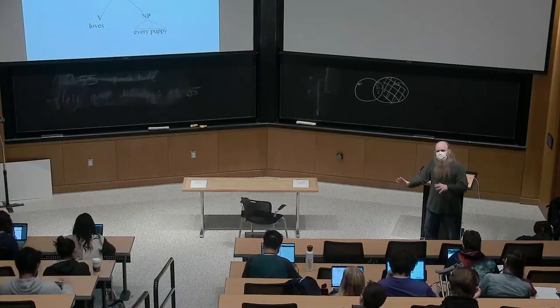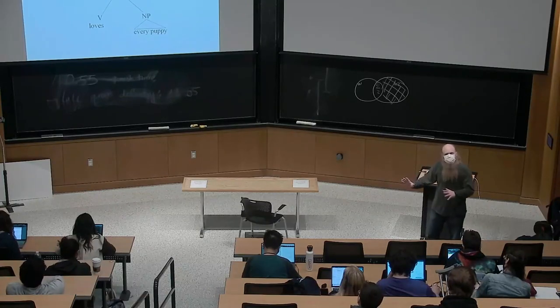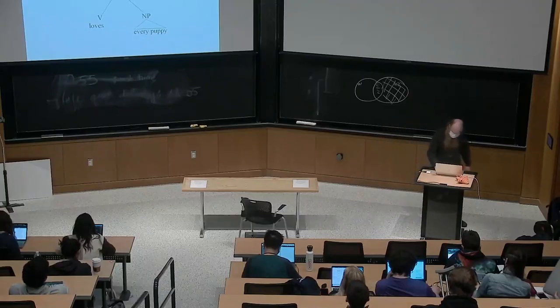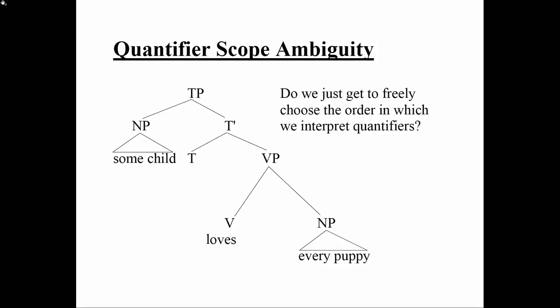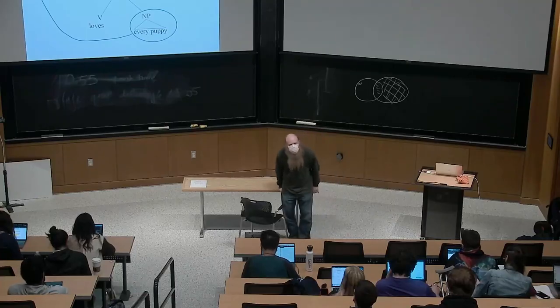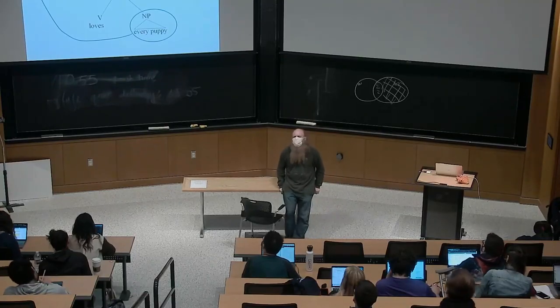That turns out to be a lie, which is kind of interesting. We have lots of good evidence, and I'll show you some of it, that we don't just get to freely choose the order in which we interpret quantifiers. What really happens is that there is another kind of movement operation. So I know we've left syntax behind, and maybe some of you were hoping we wouldn't have to see things move anymore.